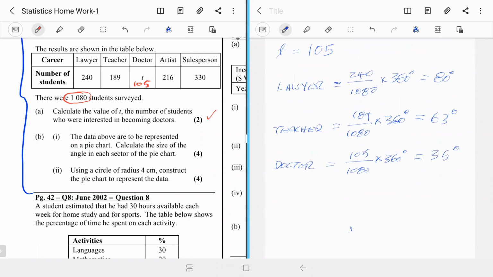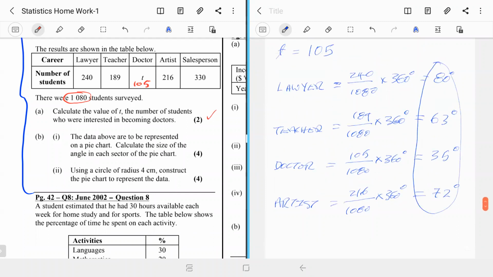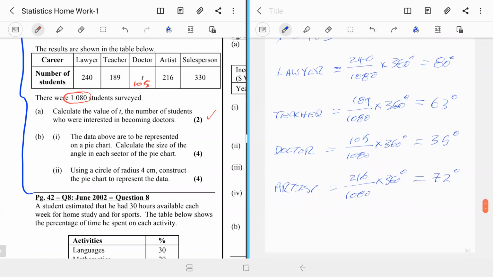35 degrees. And then we have the artist, who is 216 divided by the 1080. Again, that's a fraction of the 360 degrees in the circle. I want to know what angle they will take up, which is 72 degrees. And the last one, you can literally add up these and subtract from 360, or we can calculate just the same.